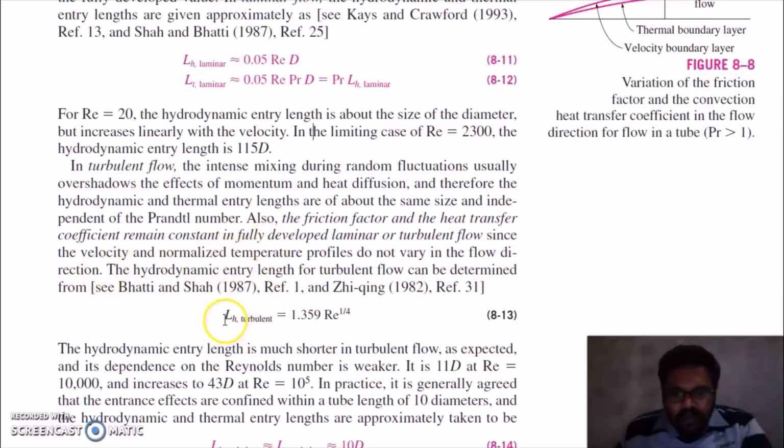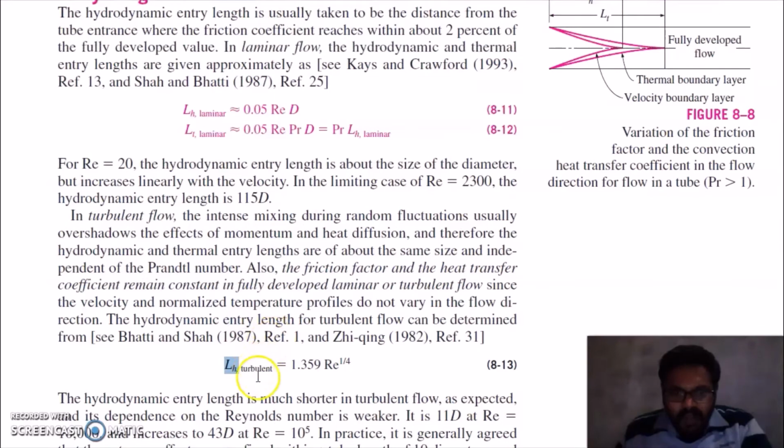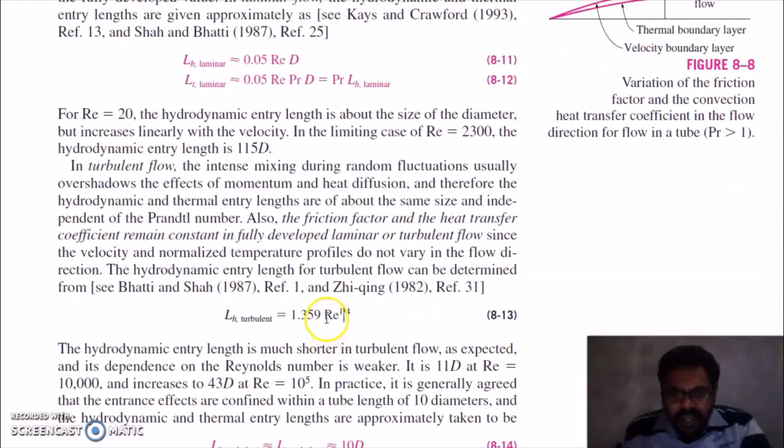Also, your hydrodynamic entry length is equal to 1.359 D Re raised to the power 1/4. So you can see it is a very weak power of Reynolds number, which is 1/4. For Reynolds number of 10,000, this will become 11D, and if you put Reynolds number 10 raised to the power 5, it will become 43D.